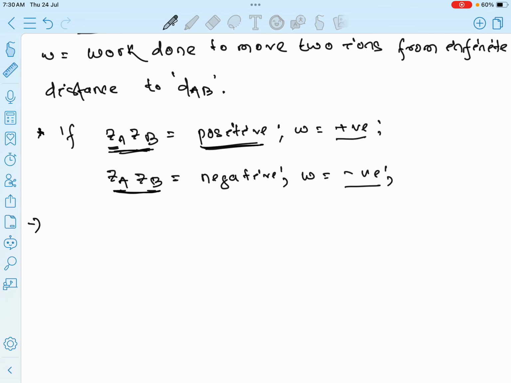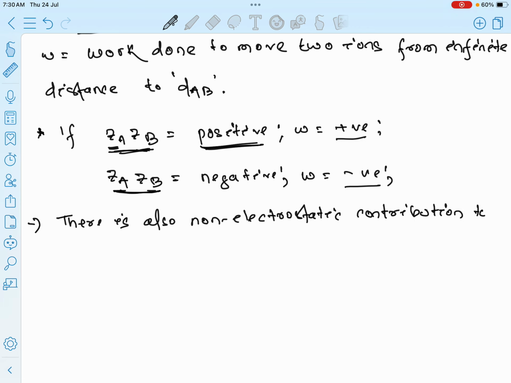Therefore, we can write down there is also a non-electrostatic contribution to delta G activation.